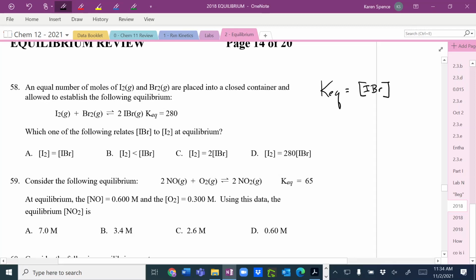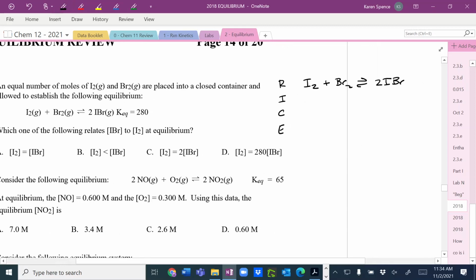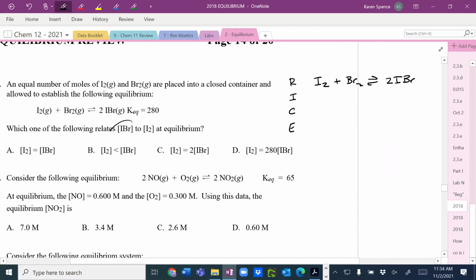Why am I writing that? I need a rice table is what I need. I2 plus Br2 in equilibrium with 2 IBr. Oh, which of the following relates IBr to I2 at equilibrium? In fact, I don't need a rice table at all.